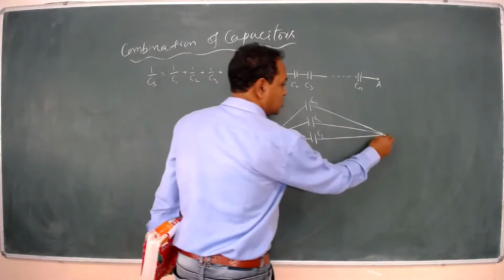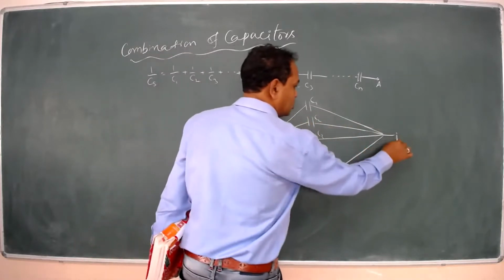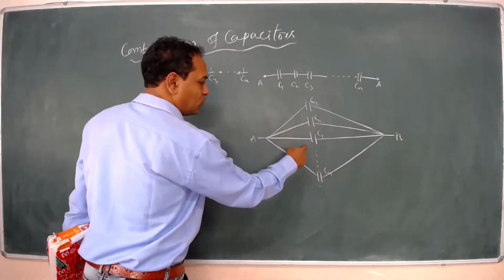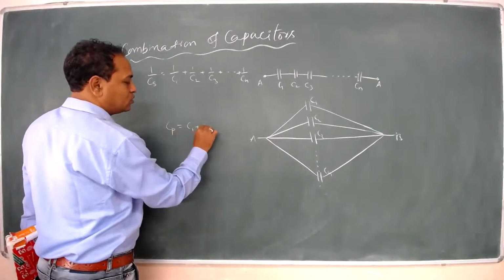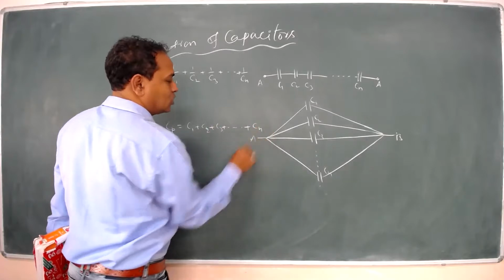Then this combination is said to be a parallel combination. Then the effective capacitance between A and B is given by C parallel, which is equal to C1 plus C2 plus C3 and so on plus Cn.